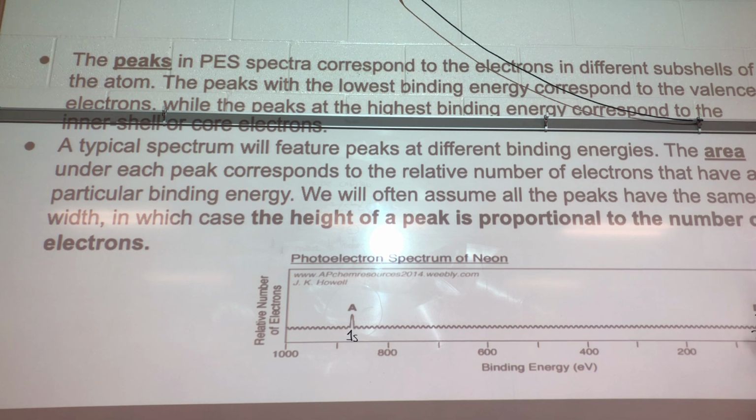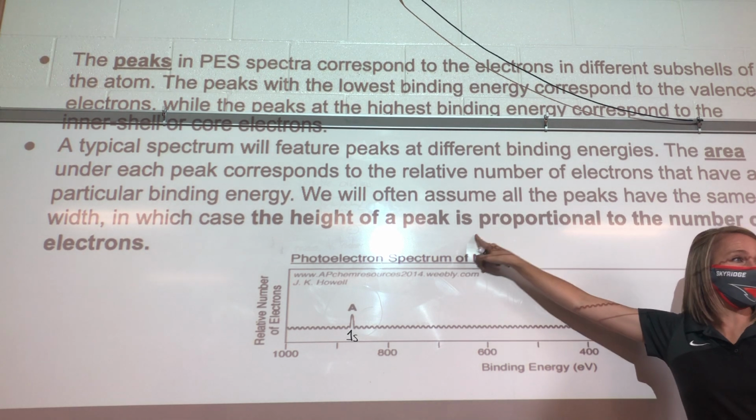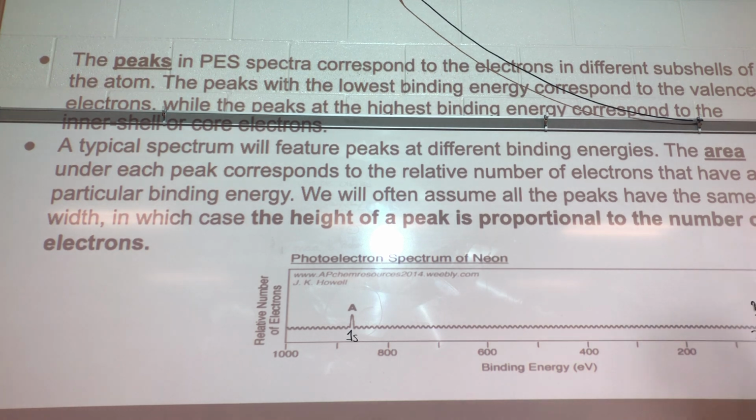But we know based off configurations that the 2s can hold 2 electrons, which means, how many electrons do you think that one represents? 6, because it's like 3 times the size. So what is this spectrum for? It says it up here, but if you don't read, it's for neon, right?